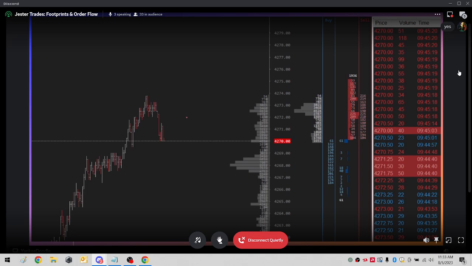Okay, so Jester, this chart here, I'm guessing the columns are the same as what we saw before, but you've also got your level 2 up on the side, on the far right. Is that right? Yeah, this was the time and sales example so that we could see the large orders or tons of aggression hitting the market in a short amount of time.